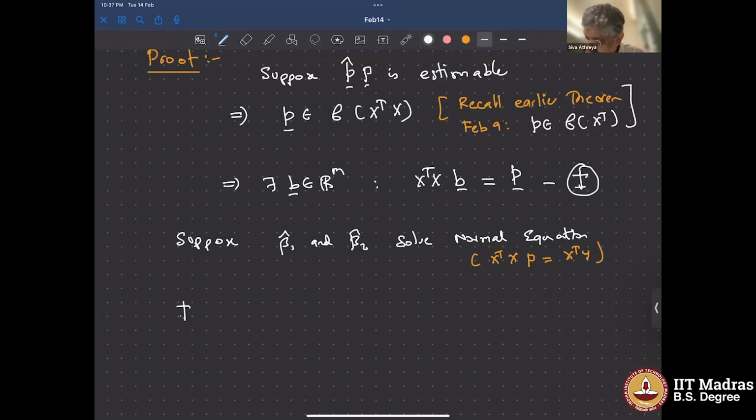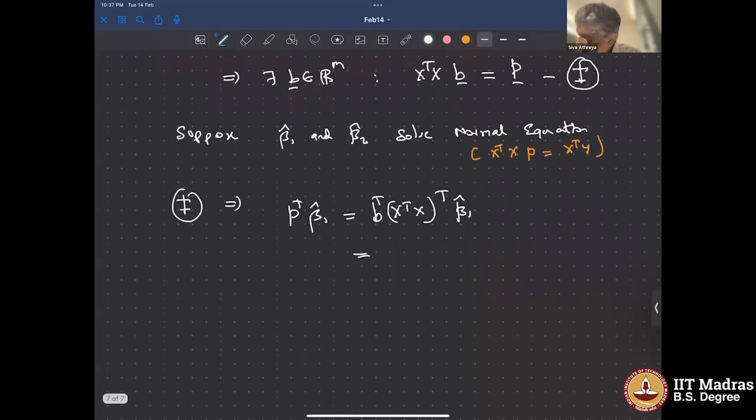Then dagger would imply P transpose beta 1 hat. But what is P transpose beta 1 hat? It is B transpose X transpose X beta 1 hat, with X transpose X symmetric.